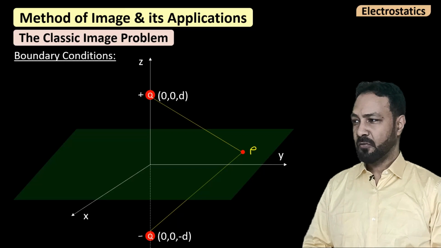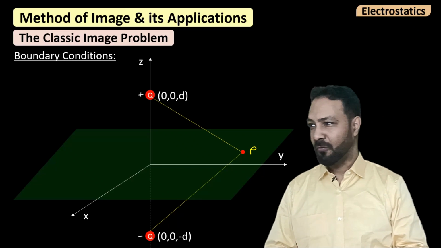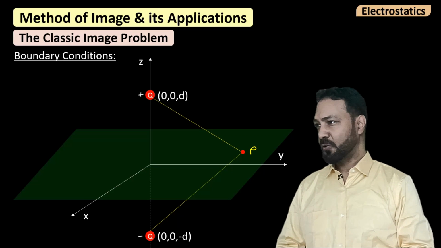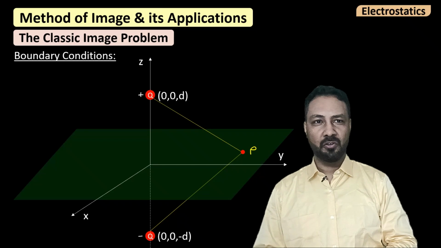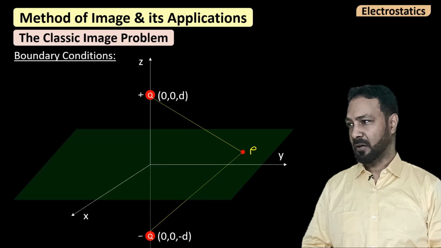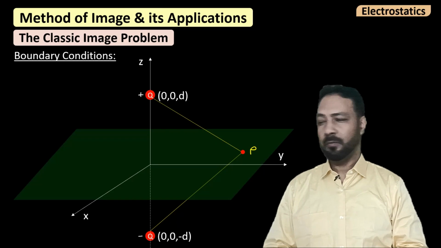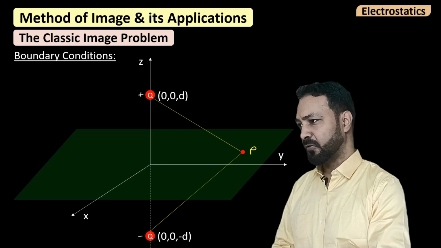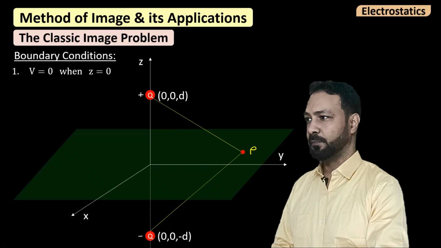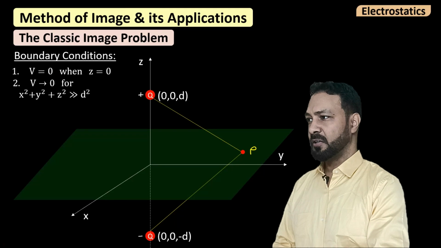So again, at a very far away point the potential will tend to 0. So this alternative charge distribution gives the same boundary conditions as the original charge distribution, and now we can easily find what we intended to find.